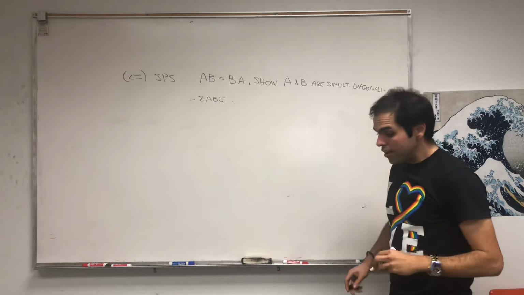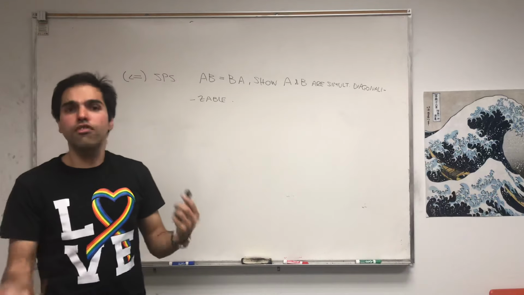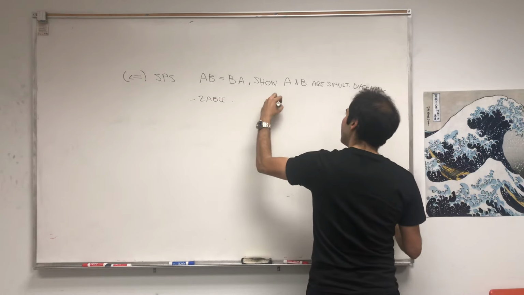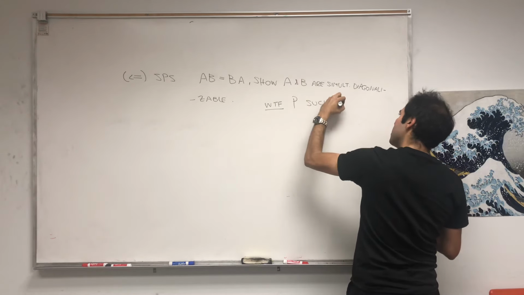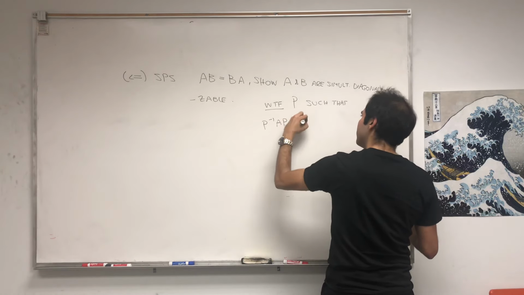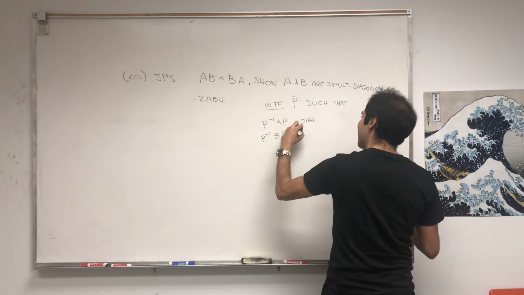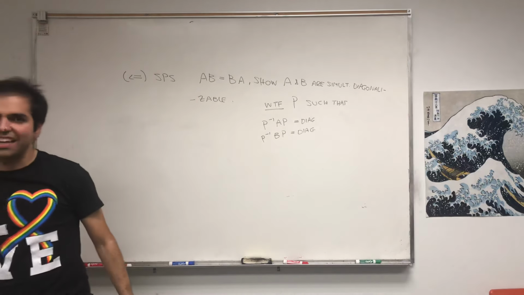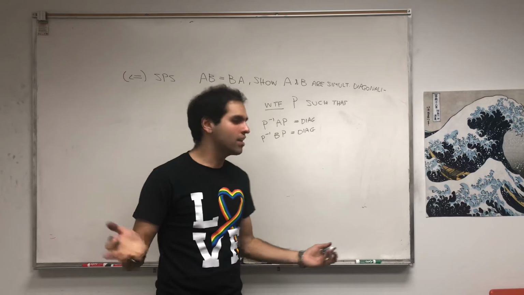Alright, so to show something is simultaneously diagonalizable, it's just enough to find P. You want to find P such that P inverse AP is diagonal and P inverse BP is diagonal. Now, remember what it means to be diagonalizable. It's just equivalent to finding a basis of eigenvectors.